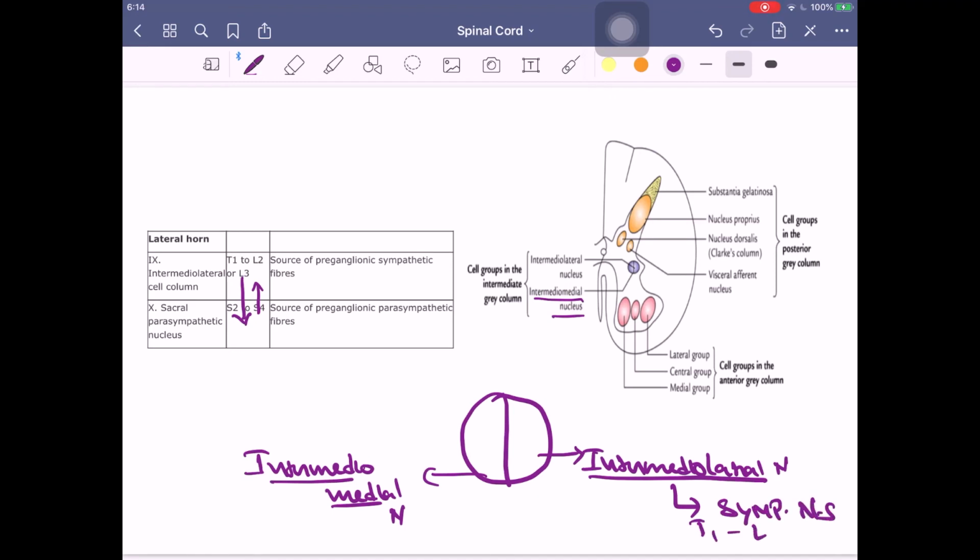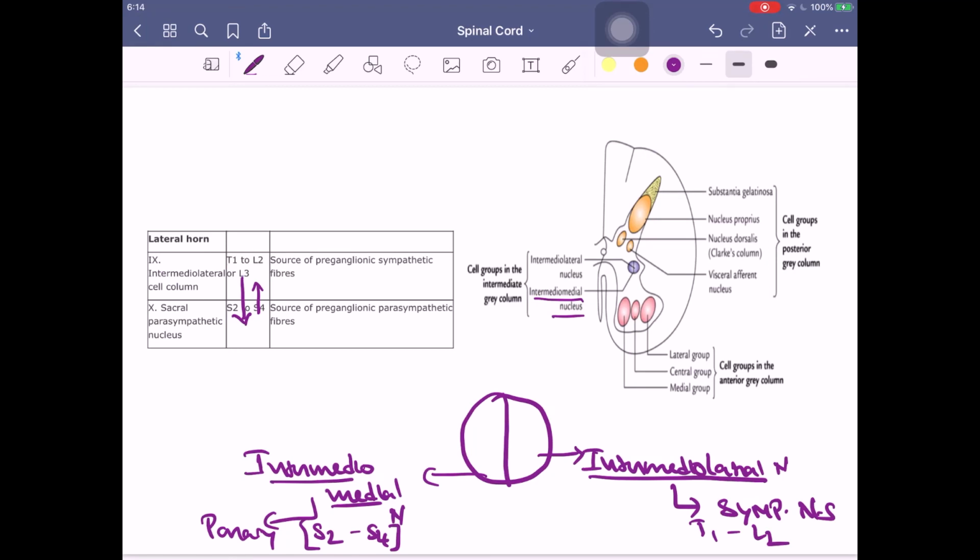So this lateral one is for your sympathetic nervous system, which you will find from T1 to L2 level, whereas your medial nucleus is your parasympathetic, which is S2 to S4. So they receive the source of your preganglionic parasympathetic fiber, whereas your intermedio lateral is your source of preganglionic sympathetic fiber. So this one is again given wrong in your Vishram Singh, you have to correct it.